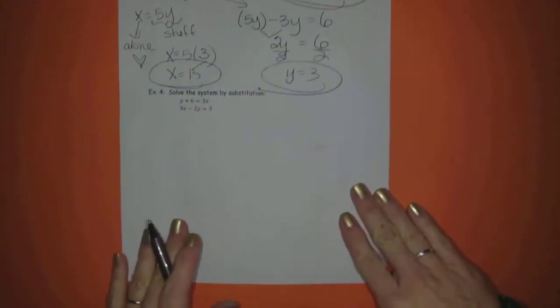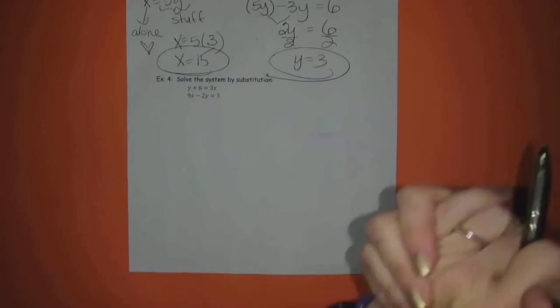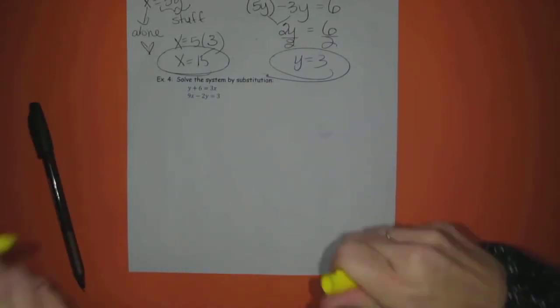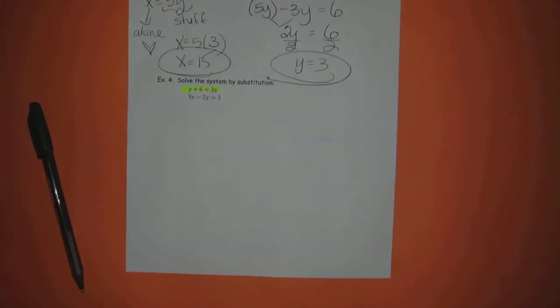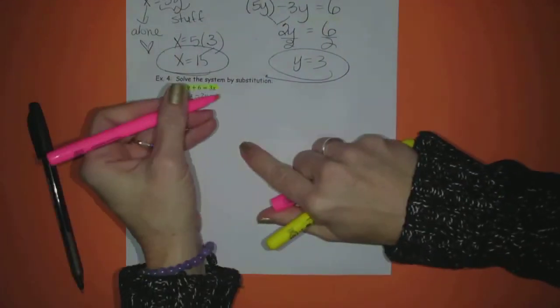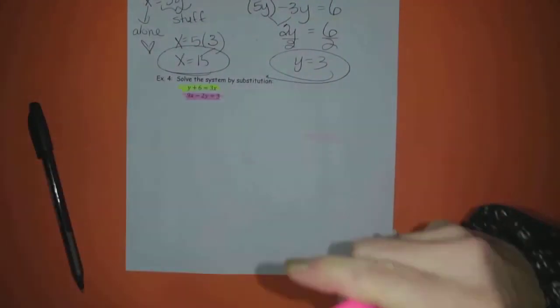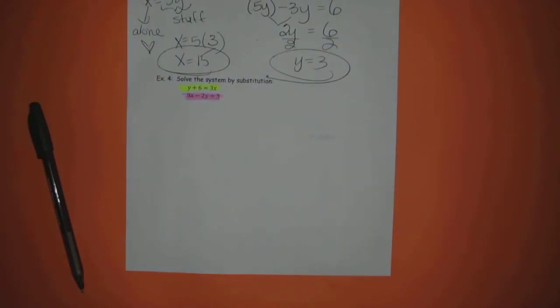And the last one, example 4. Check them out. Let's go yellow and pink. Now, I don't see a variable alone. Not quite. But you got to think to yourself, what's the easiest variable to get alone? Pause the video, think about it, get an answer, and then come back to me and we'll talk about it.